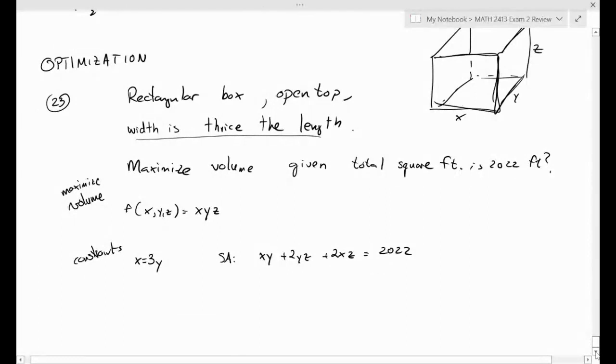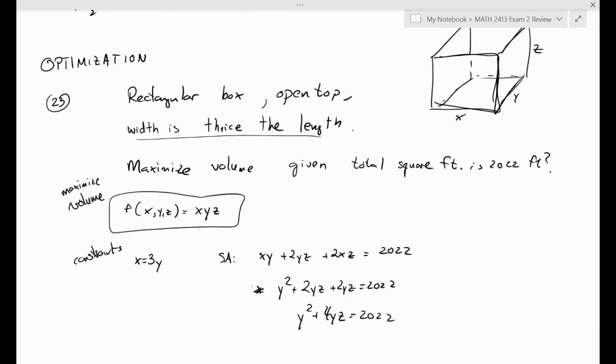Right, so now we can start replacing, right? For example, we can replace x with y. Whatever you have to do to get your objective function and the thing you want to maximize here to be a function of just a single variable, right?